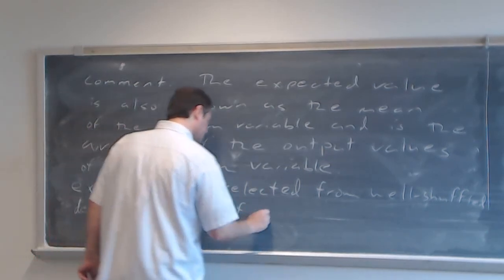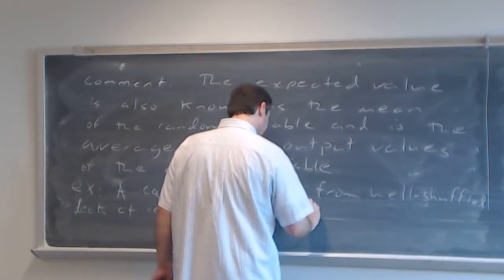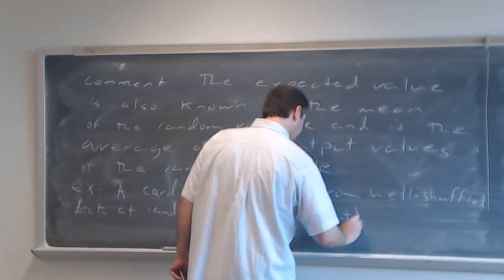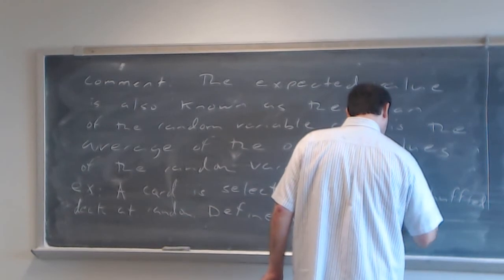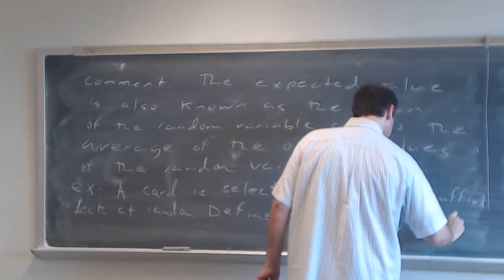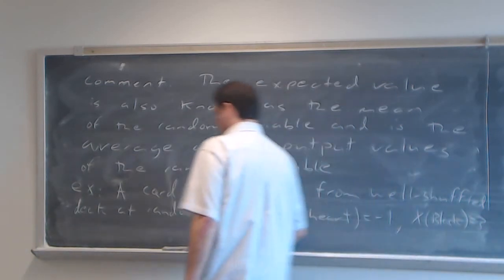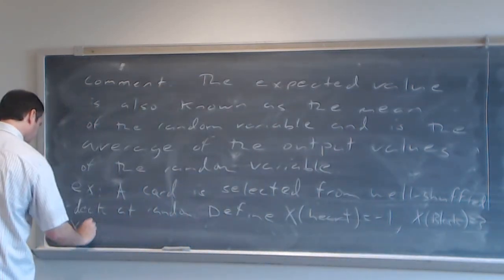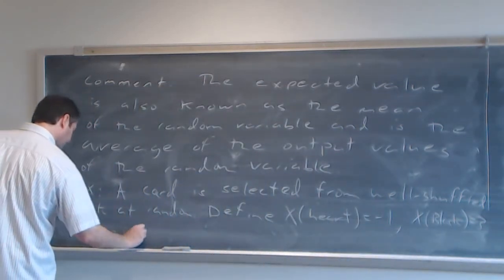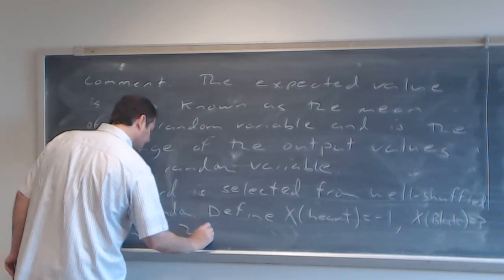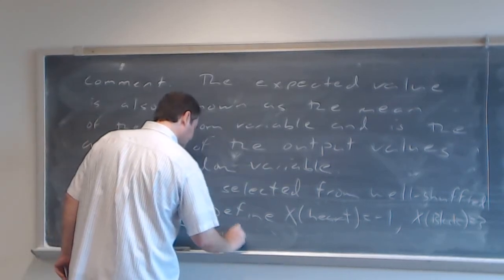Defined: X of a heart, I think I can remember what that was, minus 1, X of a black card, that was 3, and finally X of a diamond, oh yeah, that's equal to 2. So find the expected value of X.